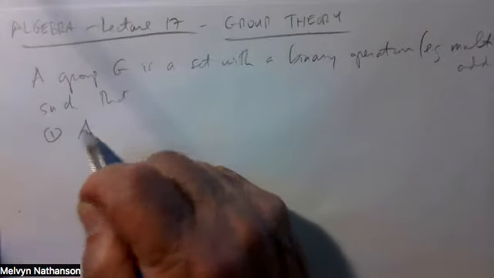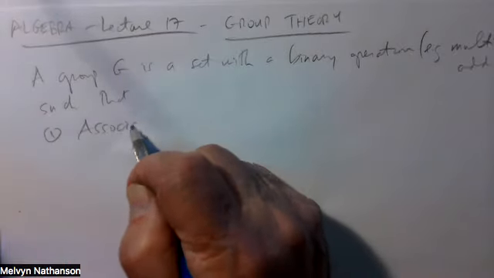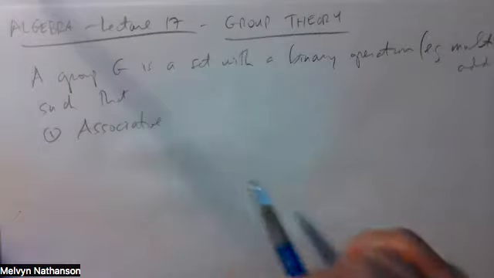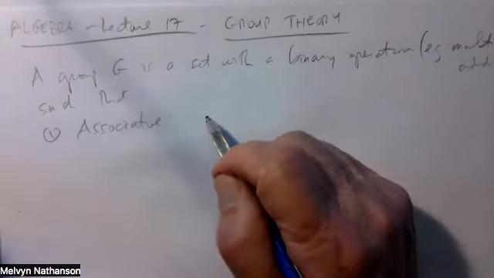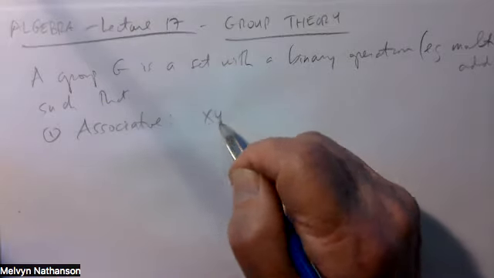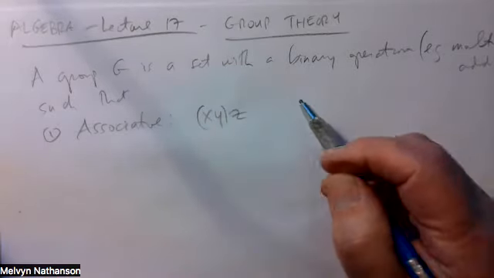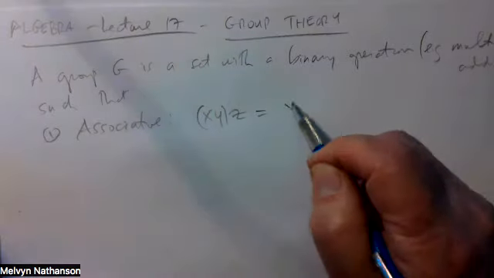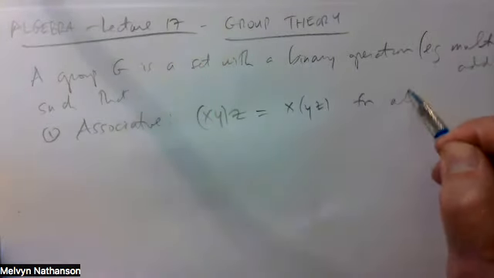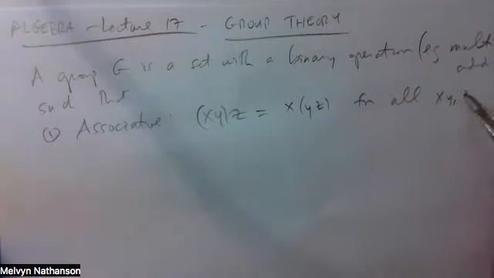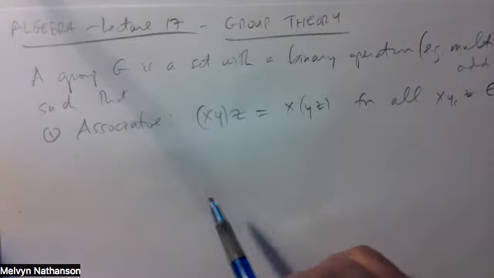First of all, the operation is associative. And I'll write everything using multiplicative notation. If you take x times y and multiply it by z, that's always the same as multiplying x with yz for all x, y, and z in the group G. So your addition or multiplication has to be associative.